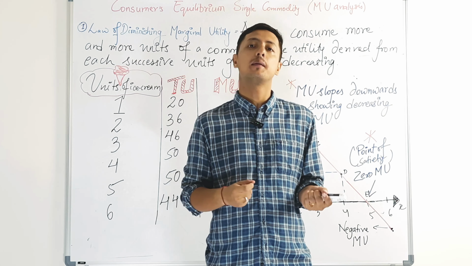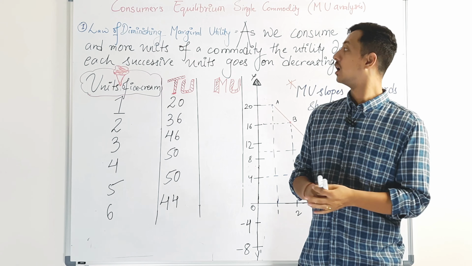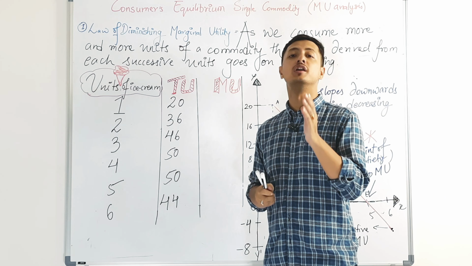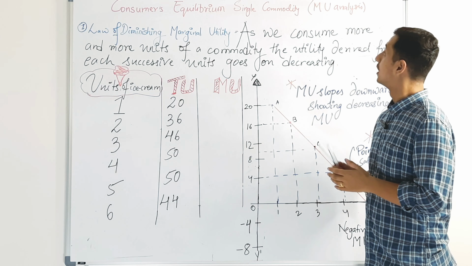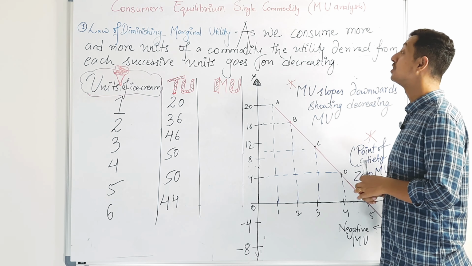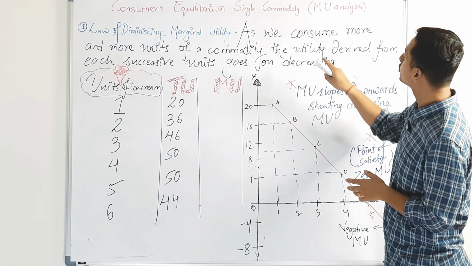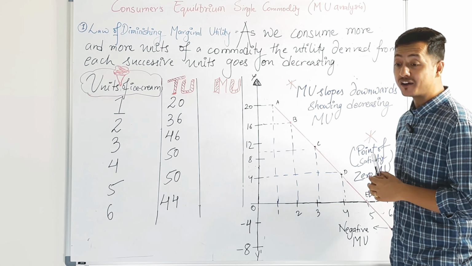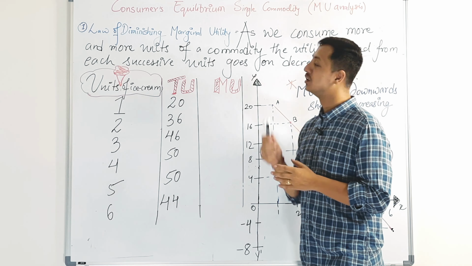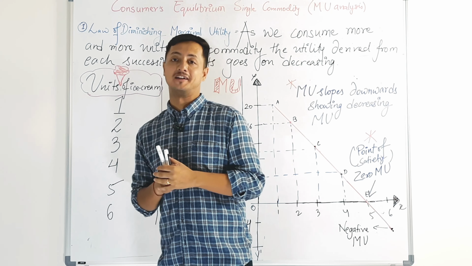It's the same concept that the law of diminishing marginal utility depicts. The law states that as we consume more and more units of a commodity, the utility derived from each successive unit goes on decreasing.